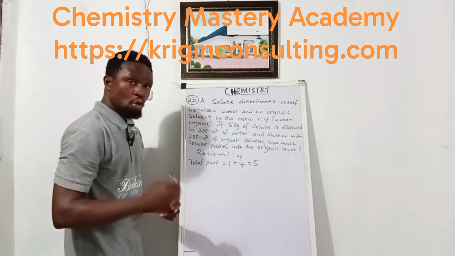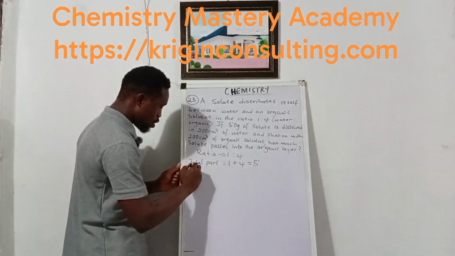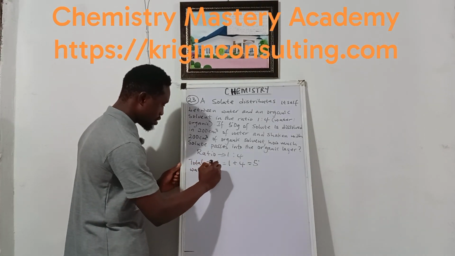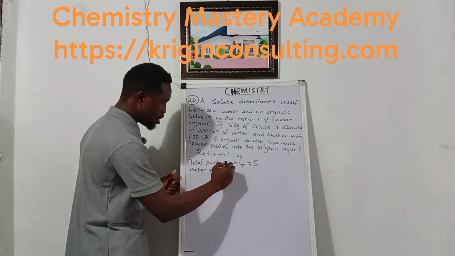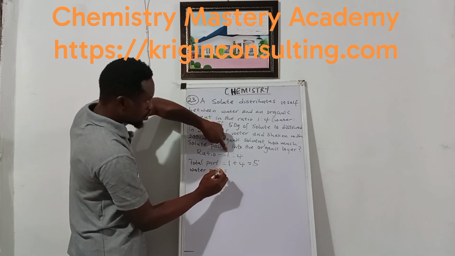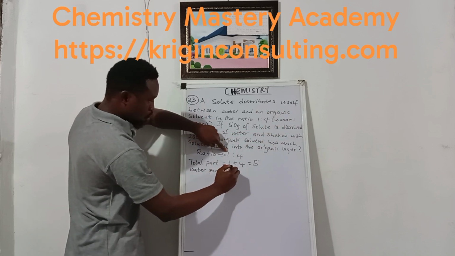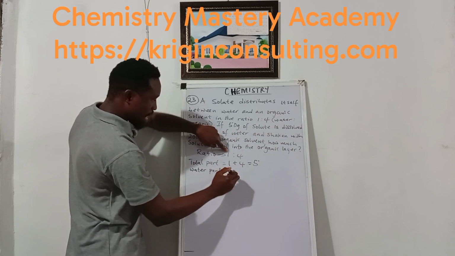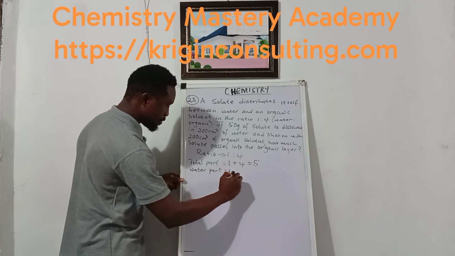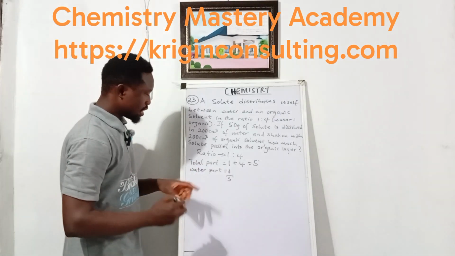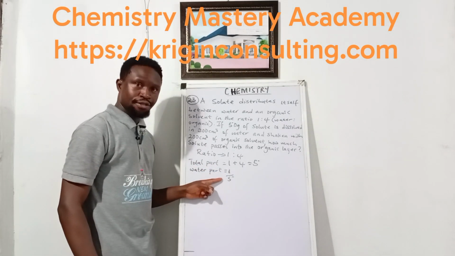Good. Now, what do we now do? Water part is equal to 1, I mean 1 to 4, water to organic. So it's 1 over the total part, 5.